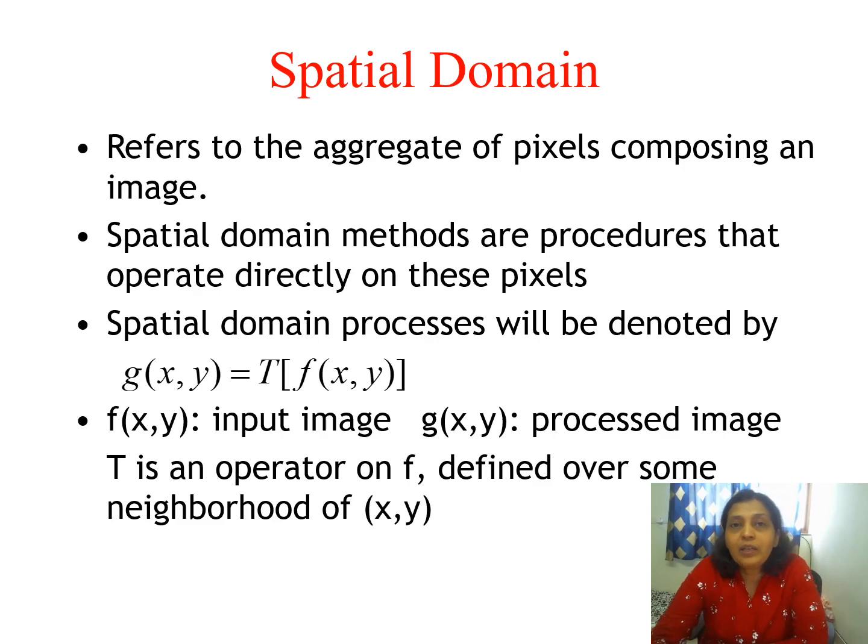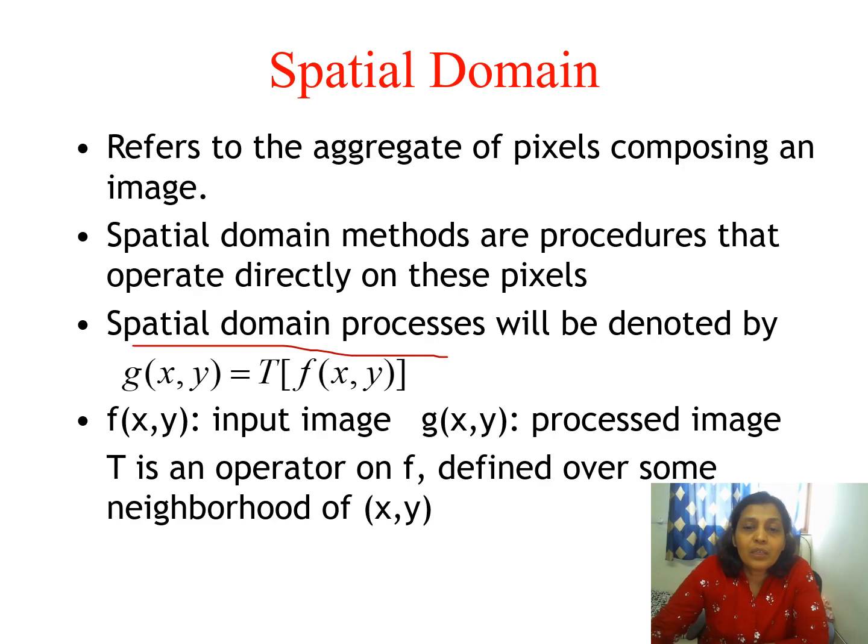In a two-dimensional image there are pixels, and each pixel can be represented using x and y coordinates, and the value at that xy is called the intensity or gray level value. Spatial domain methods are procedures that directly operate on these pixels.